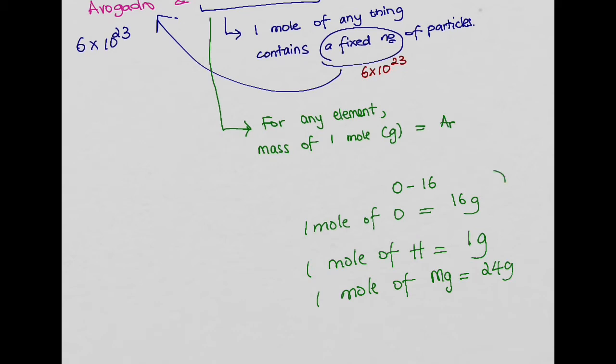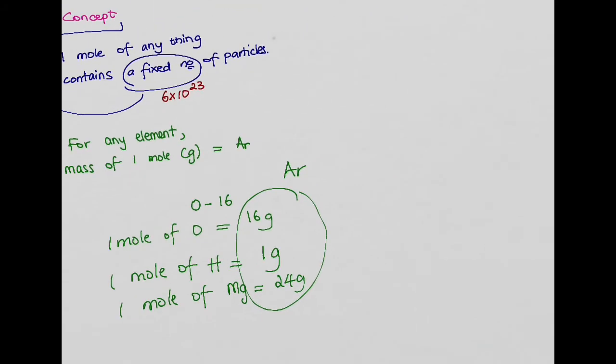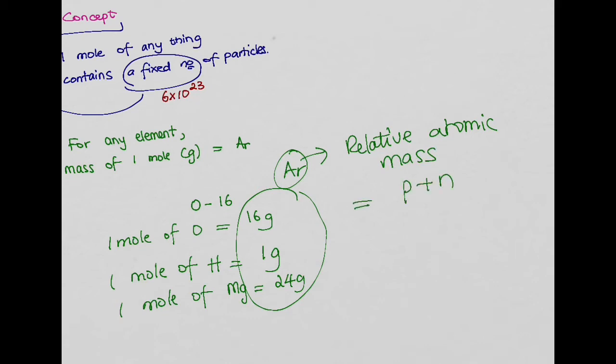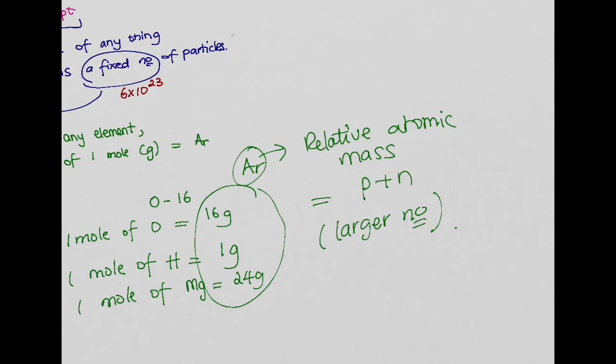So these values are the AR values of these elements, and the AR is the relative atomic mass, which is equal to the proton number plus the neutron number. So this is the mass number, the larger number that you see in the periodic table.